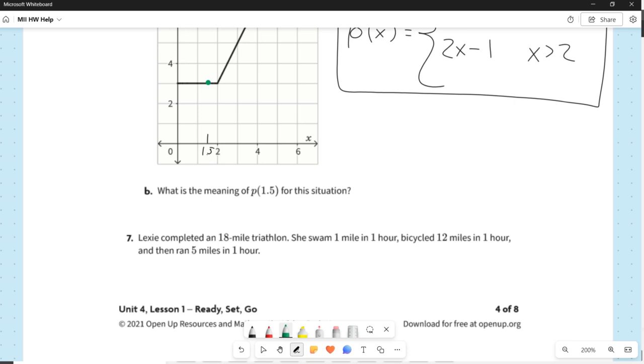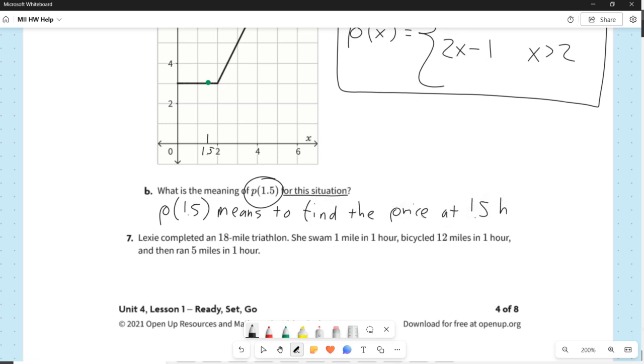But that's actually even more work than we had to do, because all we really have to say is, for this situation, what is this asking? And so P of 1.5 means to find the price at 1.5 hours, which we happen to know is going to be $3.